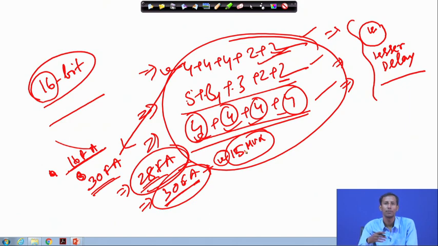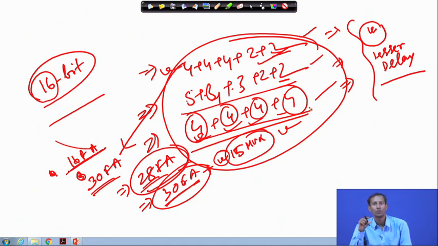So, as I said, whenever I need to gain something, I have to lose somewhere. By exploiting extra hardware in the circuit, I can reduce the delay by a good amount.